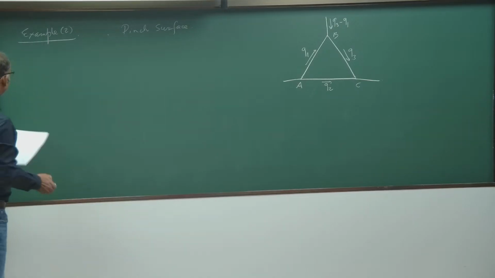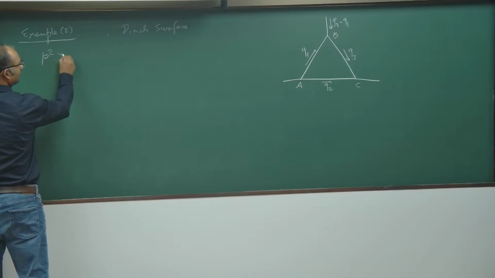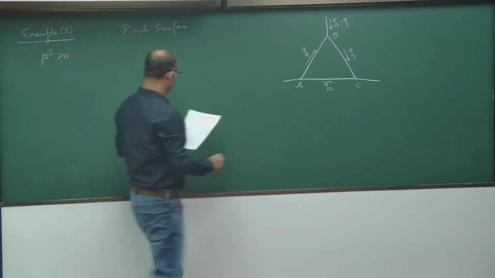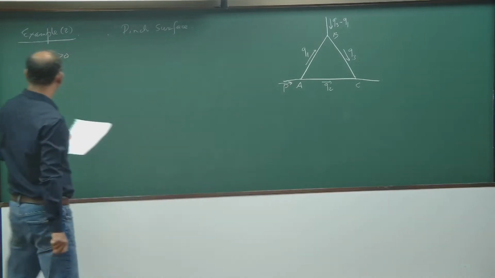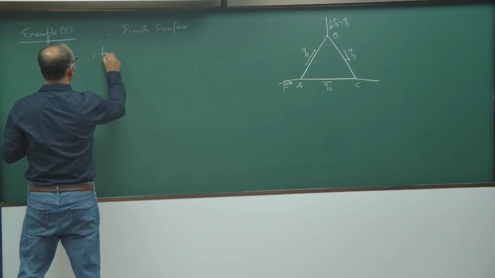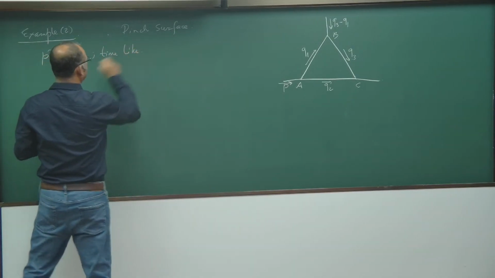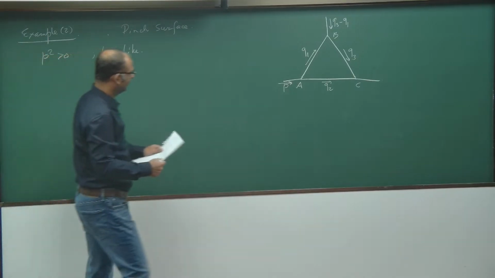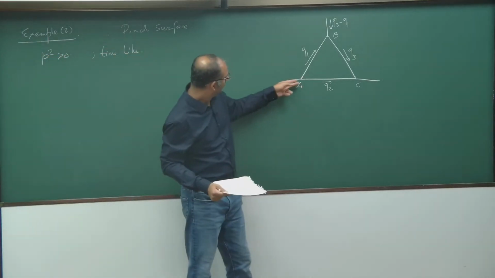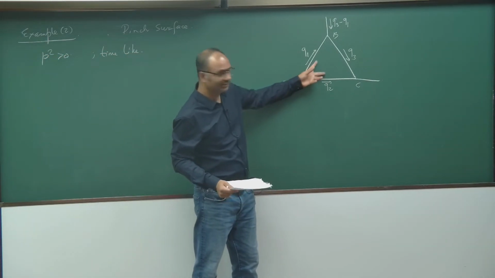So let's say p square is greater than 0. That's p that enters here, meaning it's time-like, which means I can go to a frame in which this can be taken at rest. So I go to that frame where it is at rest. Then what's the picture? It would look like you have two particles going away from each other.